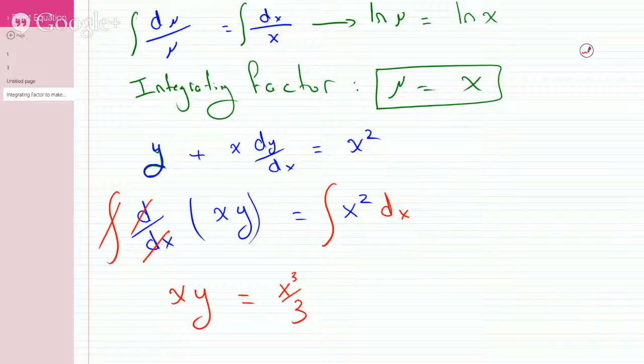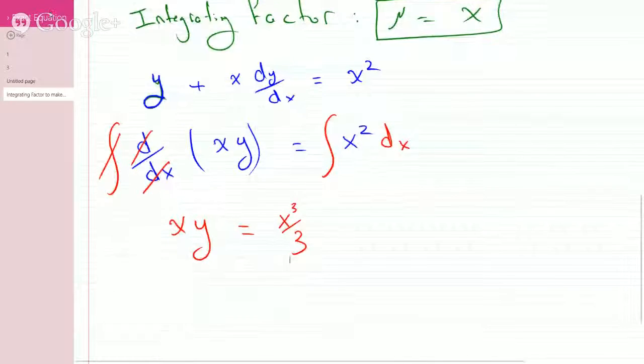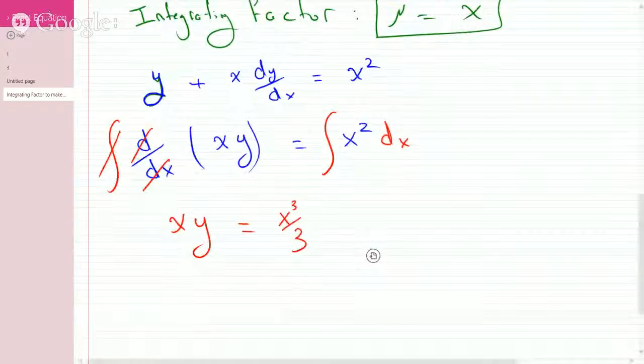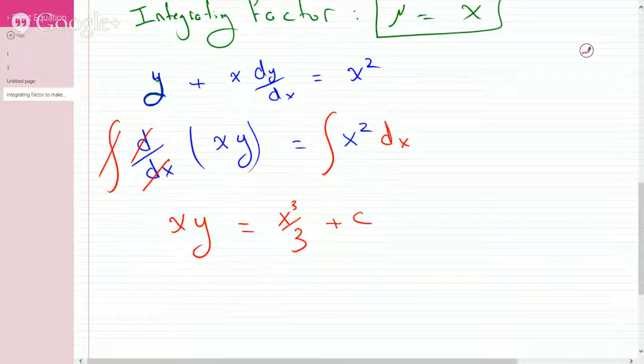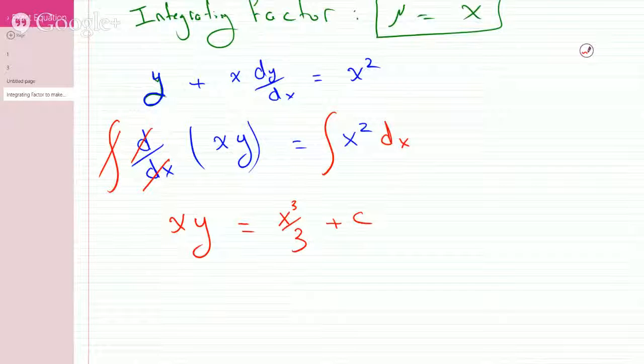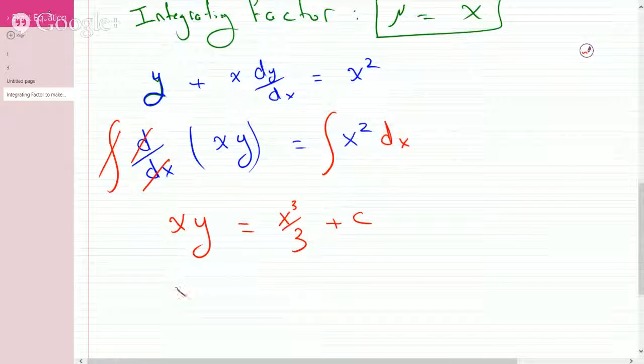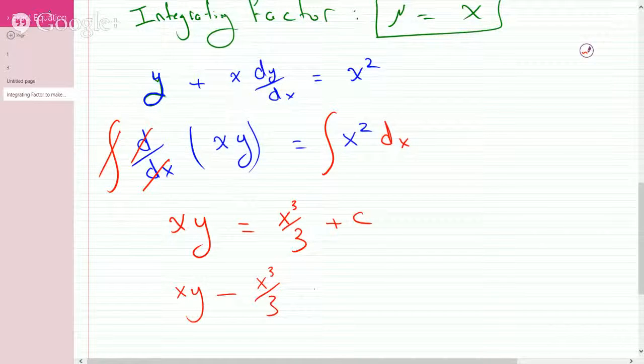Plus c, right? And we can move one term to the left, and now we get our family of curves, xy minus x cubed over 3 equals c.